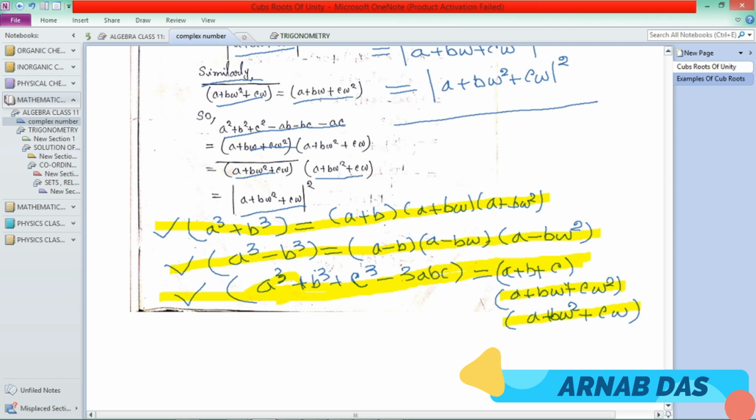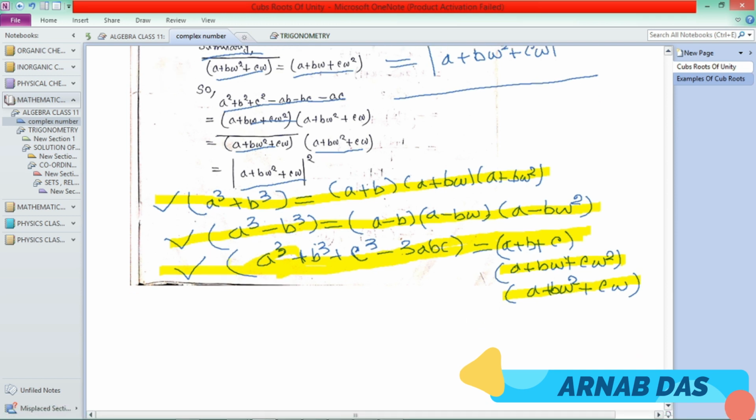And now guys, I will discuss some examples of cube roots of unity.